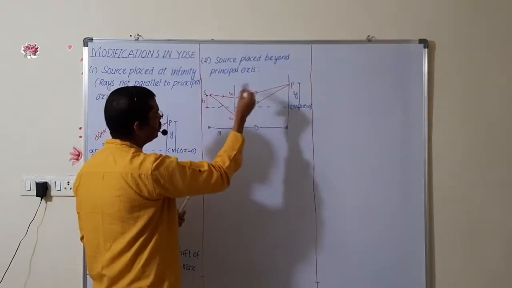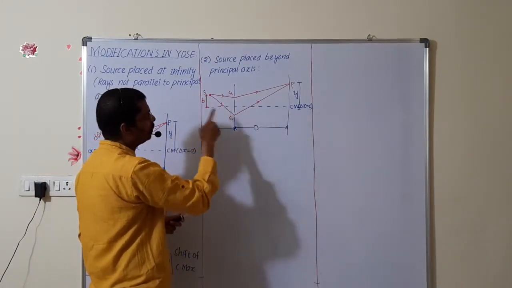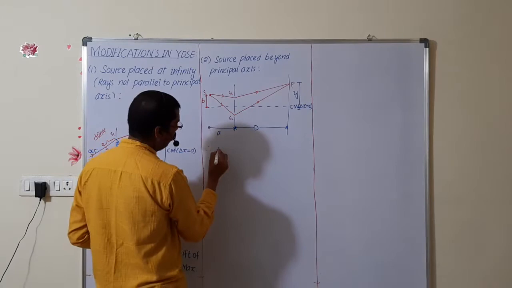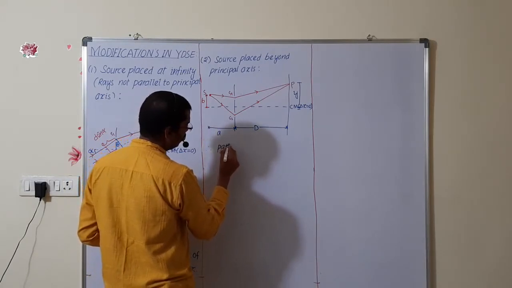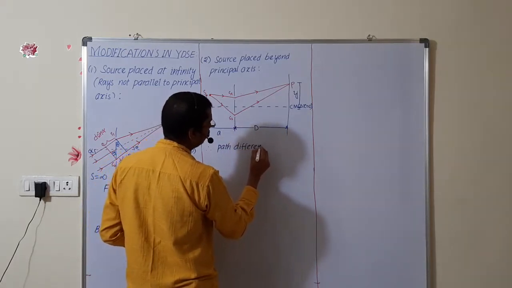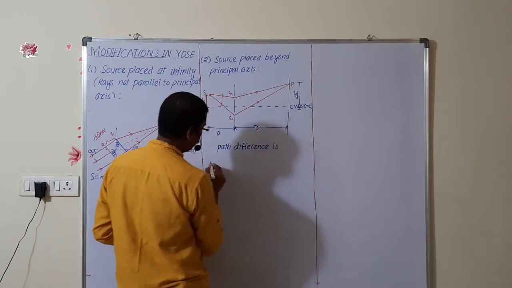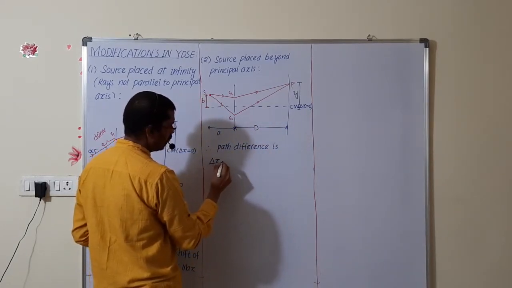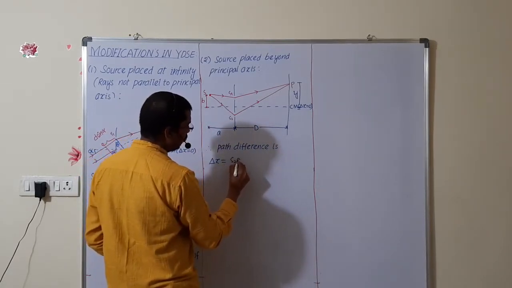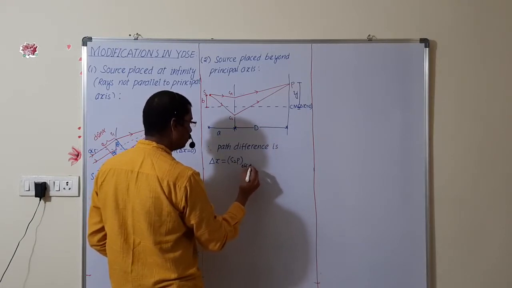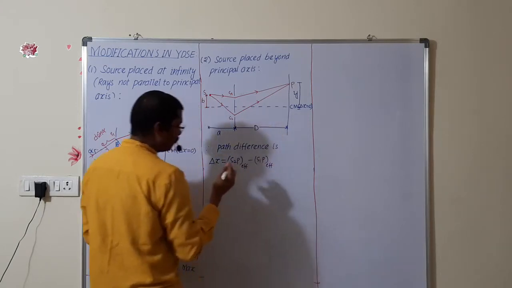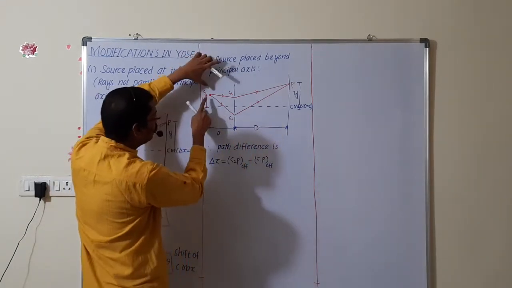Here S2P is greater than S1P. Therefore, the path difference delta x is S2P effective minus S1P effective. Why? Because we are not taking it from this point, we are taking it from here.